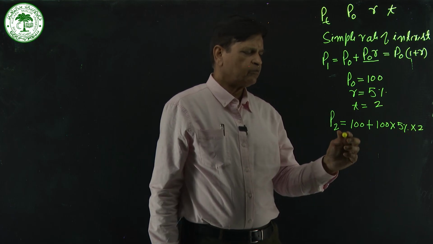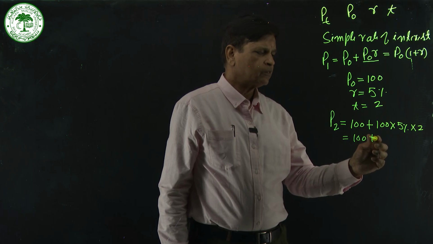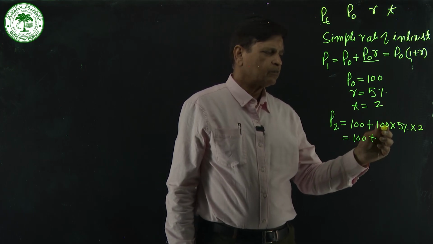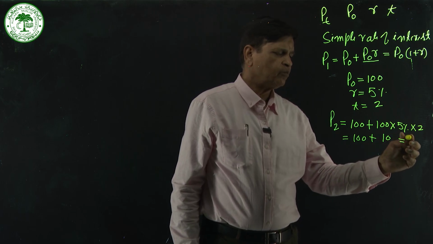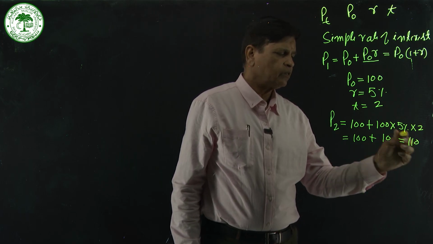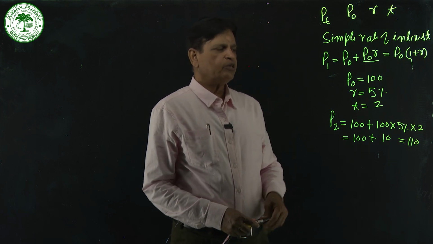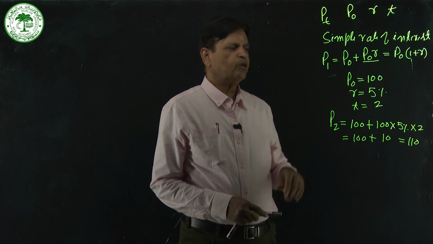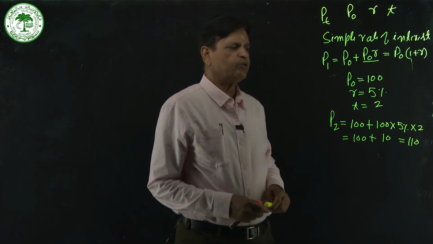Therefore it will be equal to 100 plus 10. So P2 will be 110. So every year the interest income will be rupees 5 because the principal amount is 100.